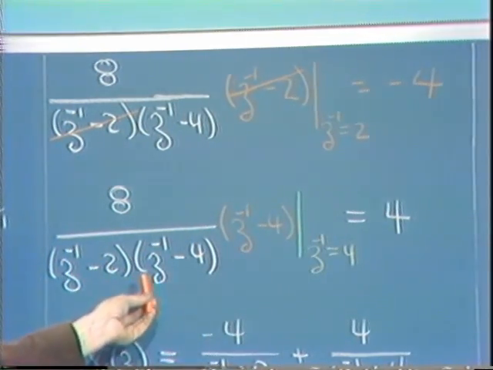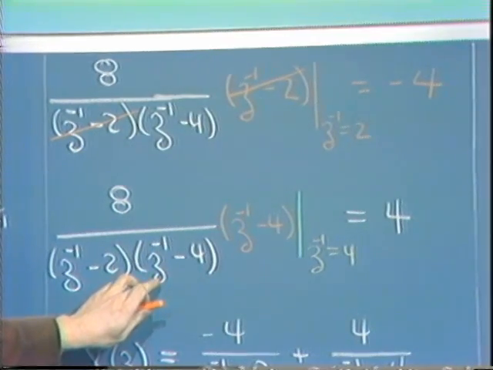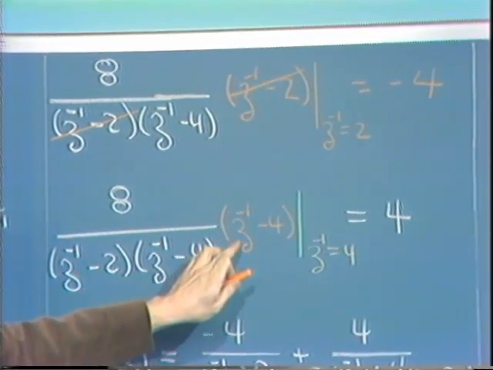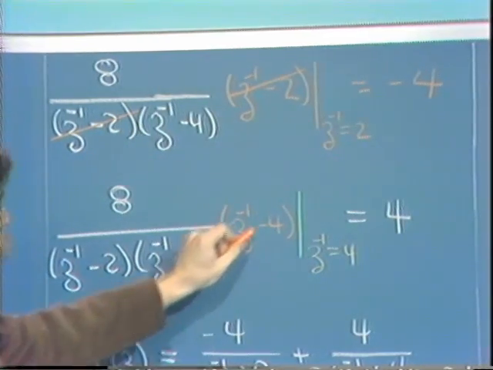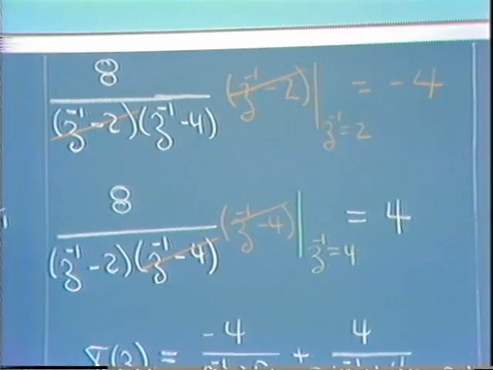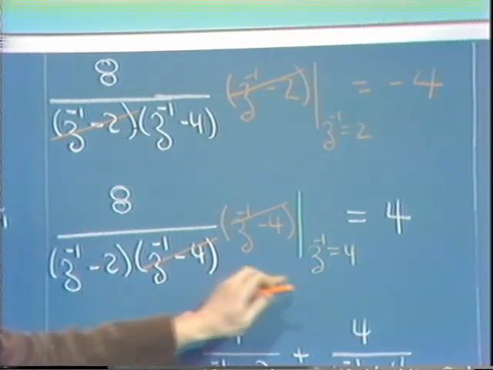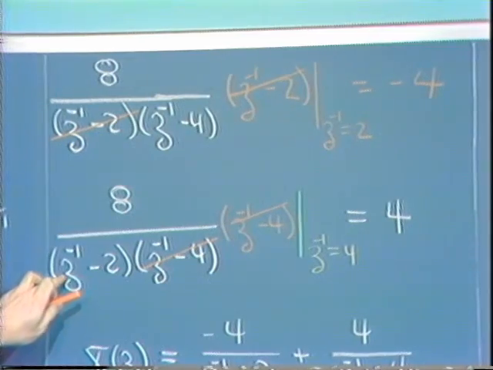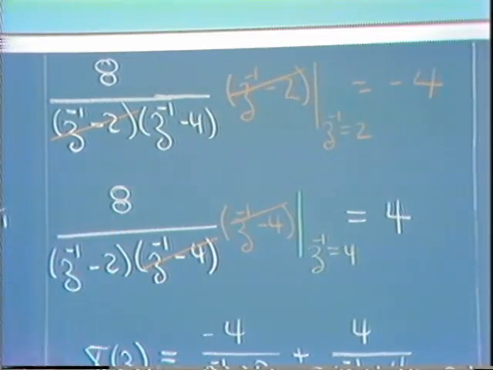Similarly, to calculate the residue at the root z to the minus 1 equals 4, we multiply by z to the minus 1 minus 4. Then these two terms will cancel out. Evaluate the resulting expression at z to the minus 1 equals 4. So we have 4 minus 2 is 2 into 8 is 4.